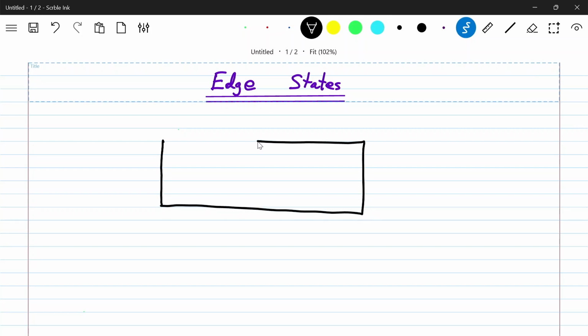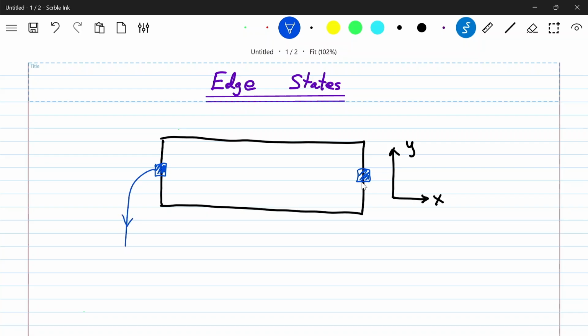here is our two-dimensional electron system, and we are connecting two contacts here, and I'm using a coordinate system where this is the y direction, this is x. So two contacts are used to channel the current, and there is an ammeter, and this is the current that we will denote as Ix.